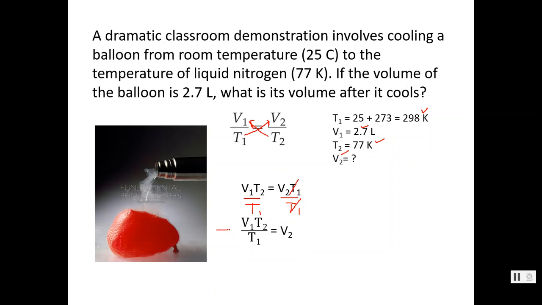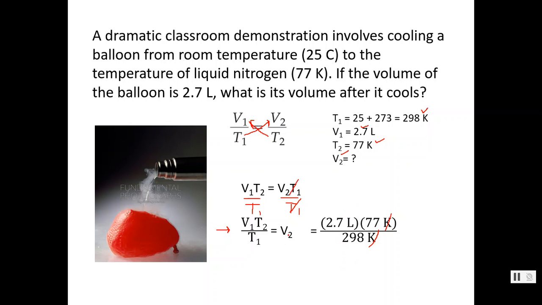And now I'm at a place where I can start plugging in my given information to solve for the variable I am interested in. And again, I really recommend when you put in your given information, make sure to include the units so you can clearly see the units cancel. So my Kelvin units cancel. I'm left with liters. That's what I'm looking for.